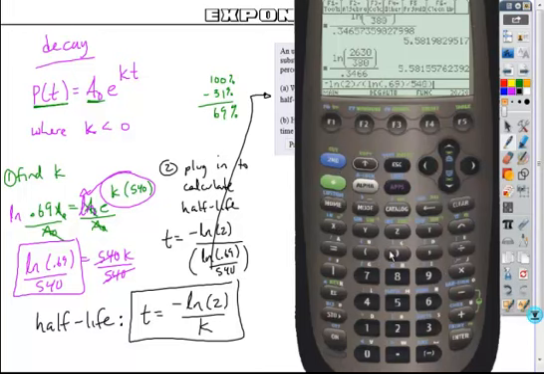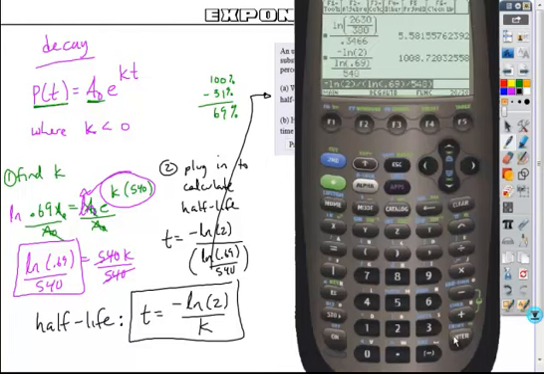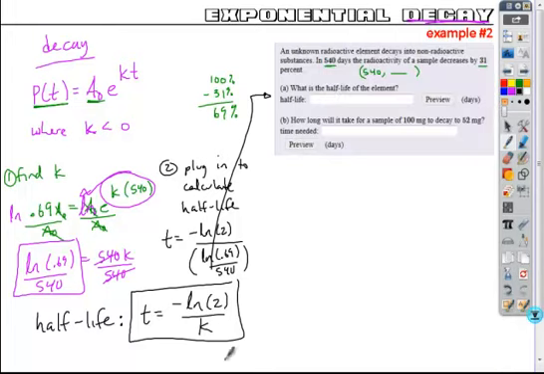I've included a decimal in my entry, so when I hit enter, I get my solution. So the half-life is 1008.72 years, or in this case, days approximately. Okay, so they gave you the units here.